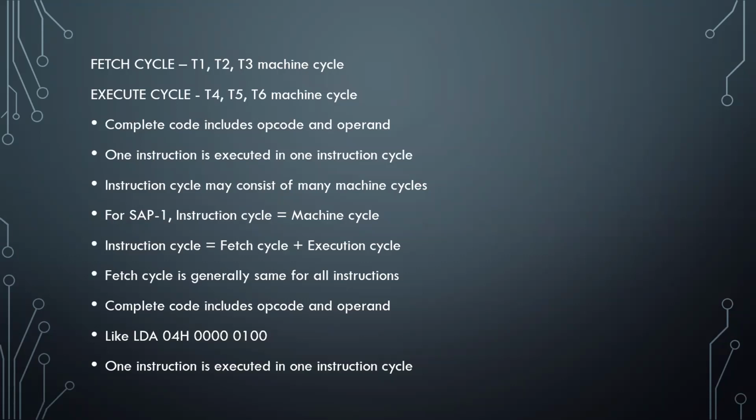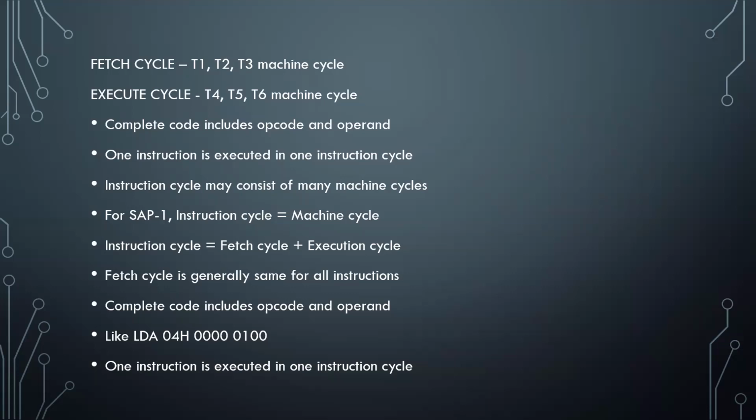The fetch cycle has T1, T2, T3 machine cycles. The execute cycle has T4, T5, T6 machine cycles. Complete code includes OP code and operand. One instruction is executed in one instruction cycle. An instruction cycle may consist of many machine cycles.